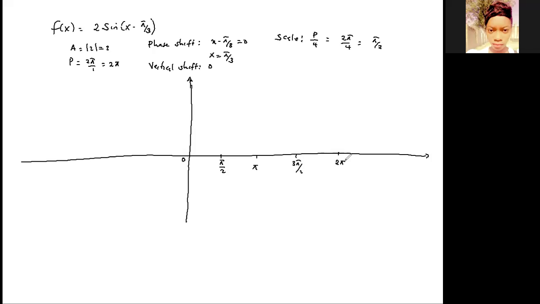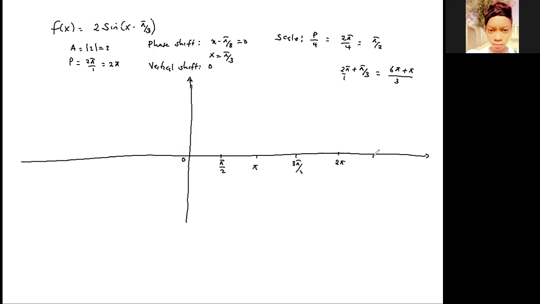Since the shift is to the right, and there is pi over 6, that is the shift. So I'll add to 2 pi, I'll add pi over 3, and the common denominator there is 3, and so I have 6 pi plus pi.